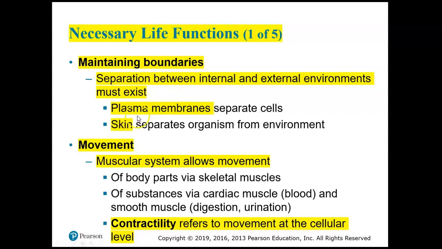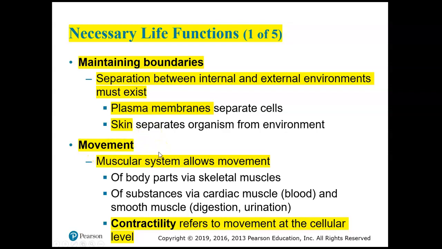So there's two examples given here. The plasma membrane of our cells separates the inside of the cell from the external environment. The skin separates the organism, the person, from its environment. So the plasma membranes and skin are examples of maintaining boundaries.